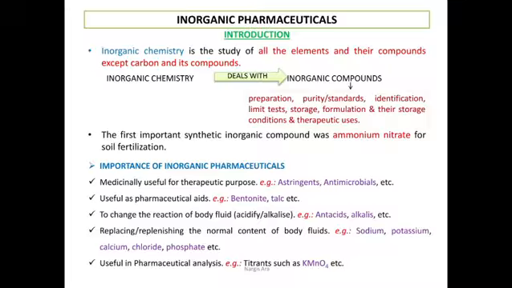Inorganic chemistry deals with inorganic compounds. In this, we are going to discuss the preparation of inorganic compounds, purity, standards, identification, limit tests, storage, formulation and their storage conditions, and therapeutic uses.